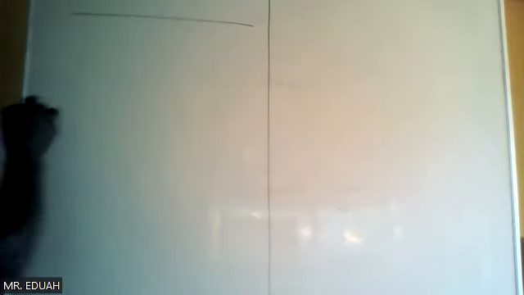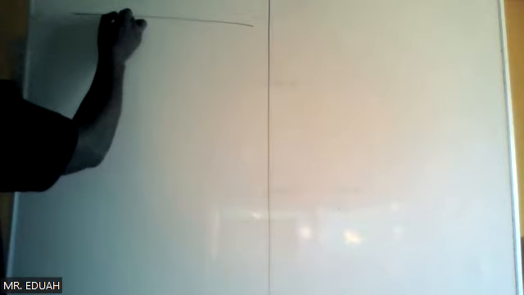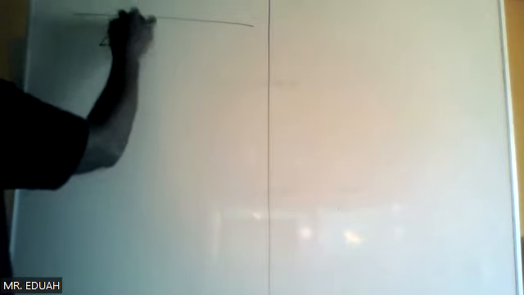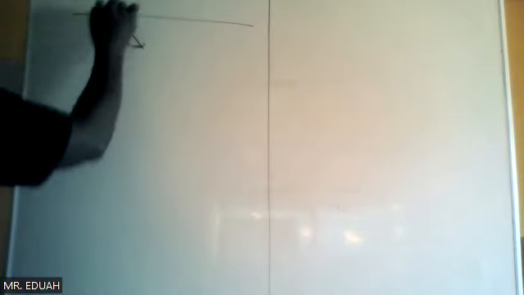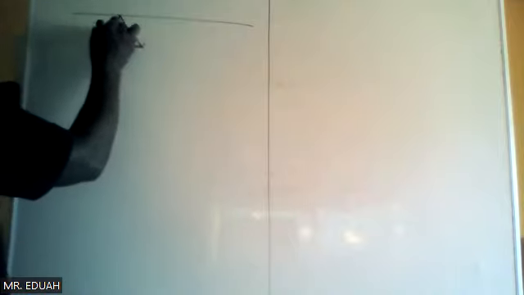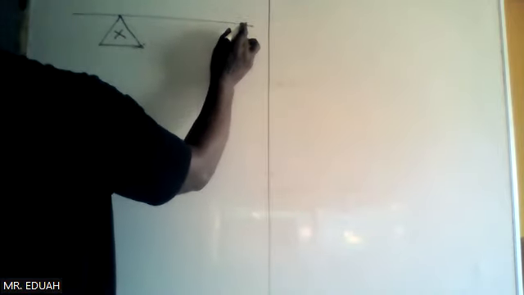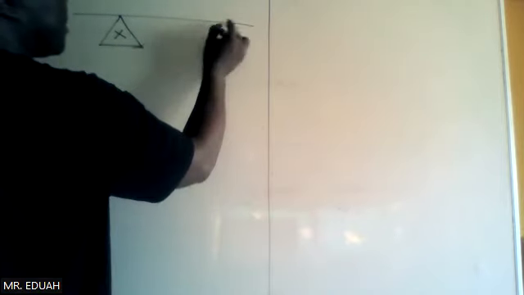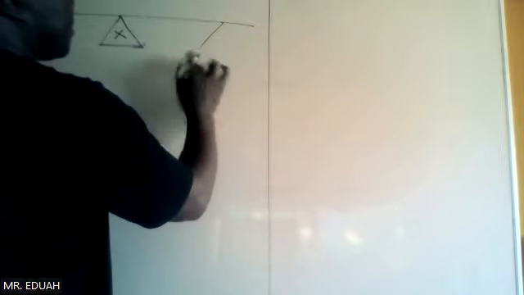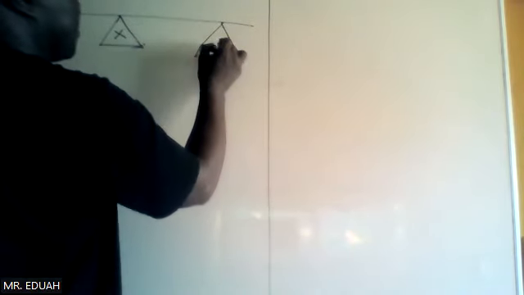Let me divide my board. I have this bar. It is pivoted. We have two pivots, supports. This is support X. Then we have another support. This is Y.